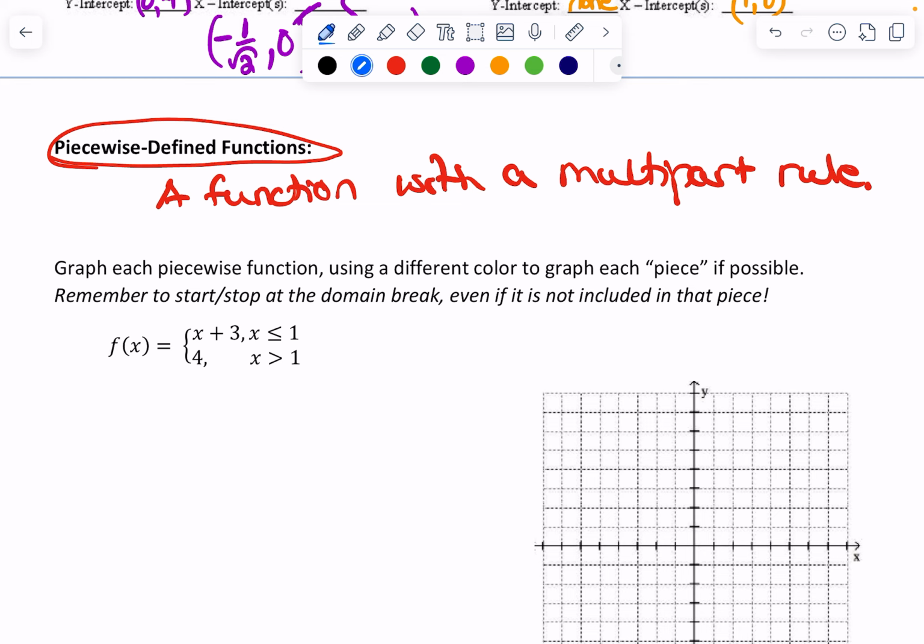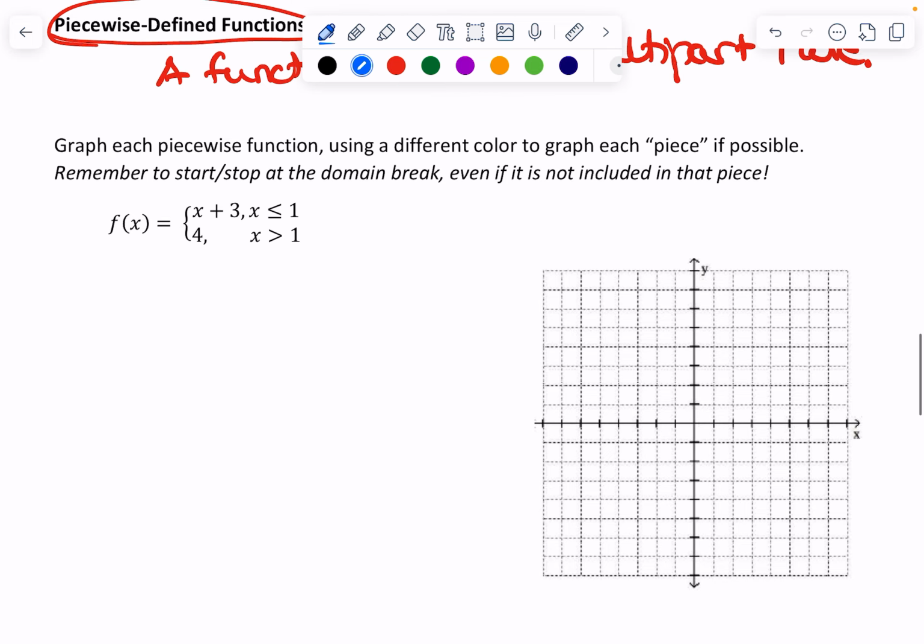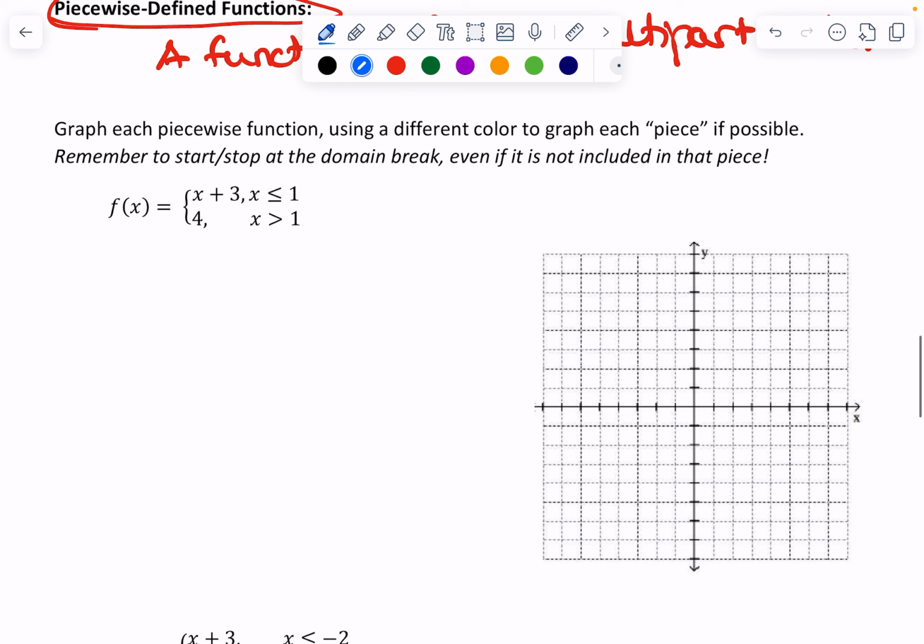So here, we're going to graph each piecewise function using a different color to graph each piece if possible. Remember to start and stop at the domain break, even if it is not included in that piece.